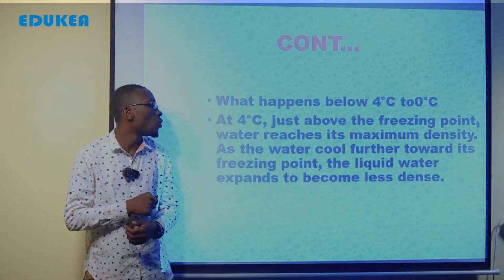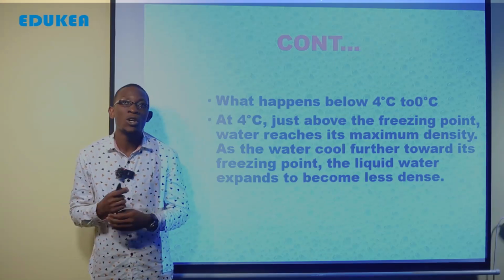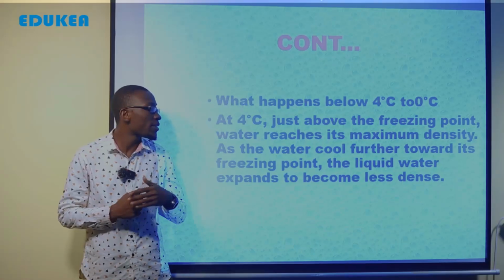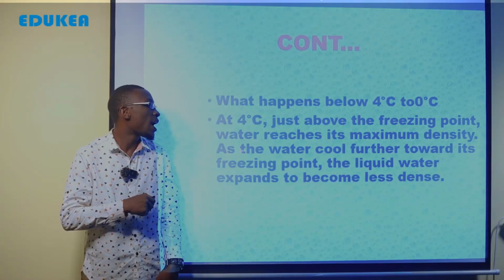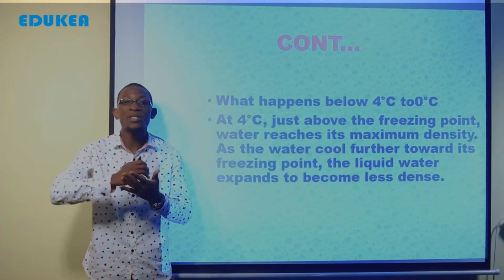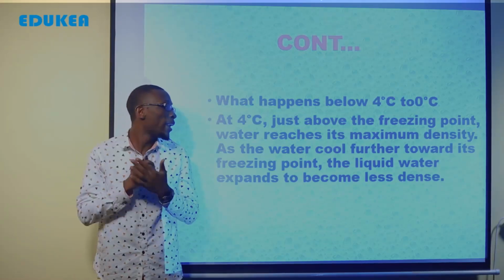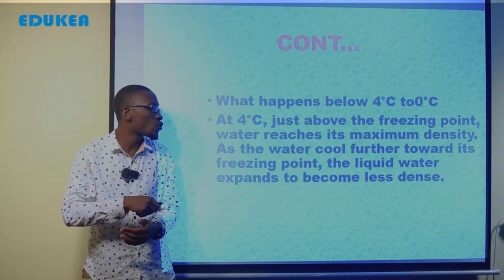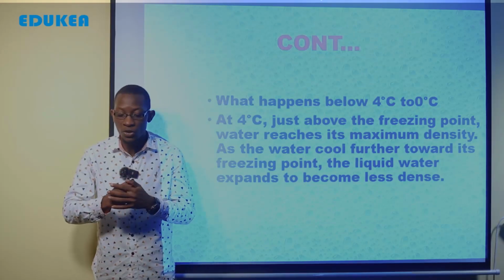So when water reaches its maximum density, as the water cools further toward its freezing point, the liquid water expands to become less dense, meaning the liquid water tends to expand and become less dense.